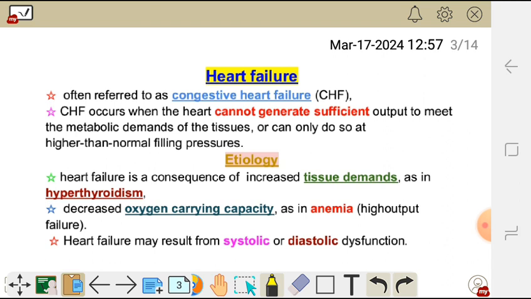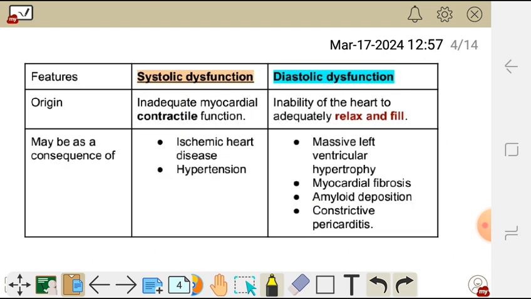We also have other causes such as systolic and diastolic dysfunction. If we have anything that can lead to systolic or diastolic dysfunction, that will result in heart failure. So let's see what can cause systolic and diastolic dysfunction. Systolic dysfunction is simply inadequate myocardial contractile function.